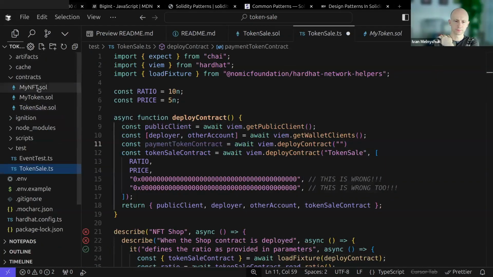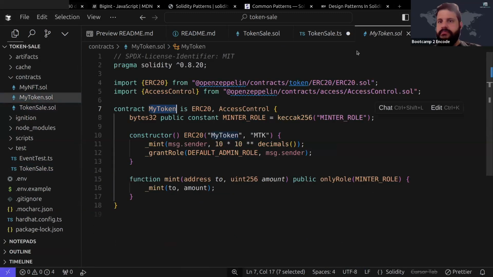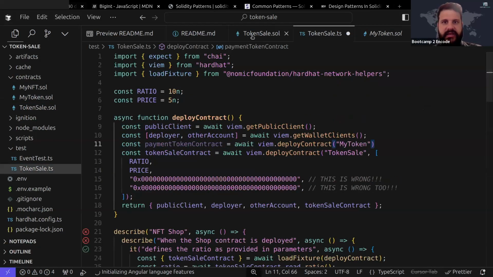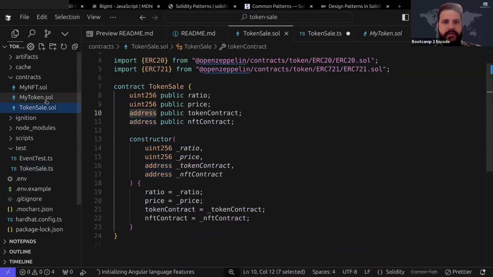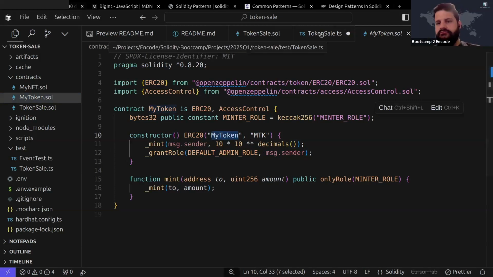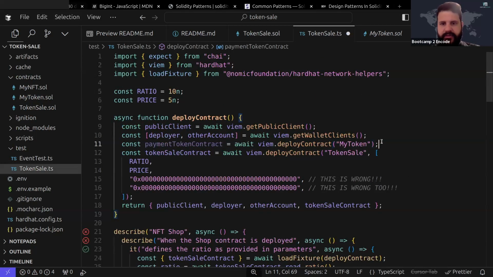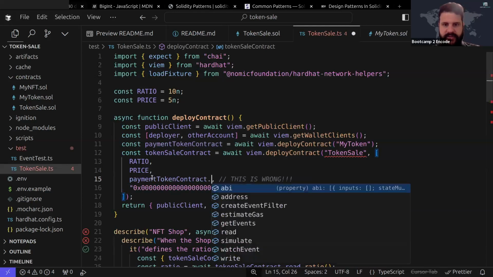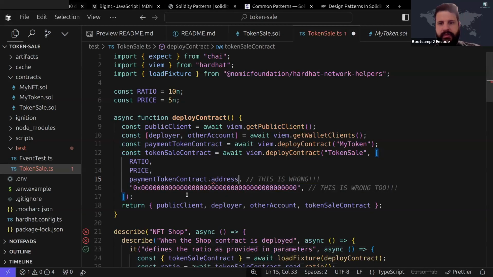MyToken, I think. We named it MyToken. Does it need any parameter? It doesn't need anything because I'm hard coding the name and the symbol. So that's the payment token, and I can use paymentTokenContract.address. So this is not wrong anymore. Questions about this?